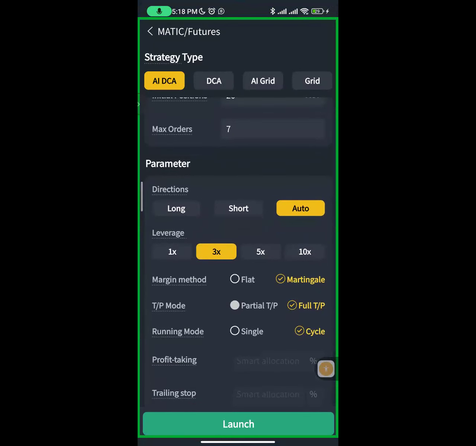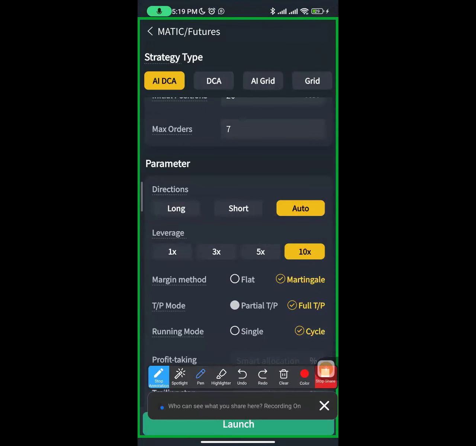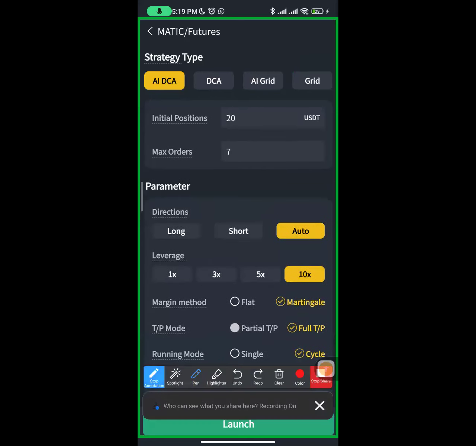Now the leverage is what? The leverage is 10. So I tap on 10x. So the setup is that simple. So for $100, its initial position is 20, maximum order 7, direction is auto, leverage is 10, and that's all you need to touch.